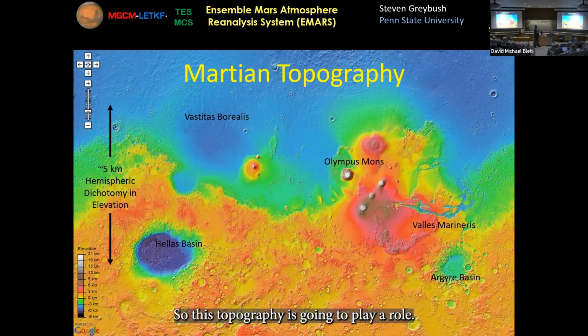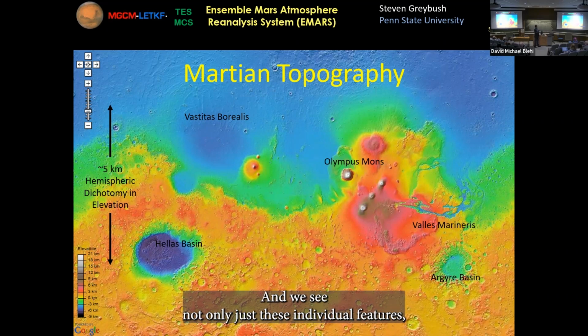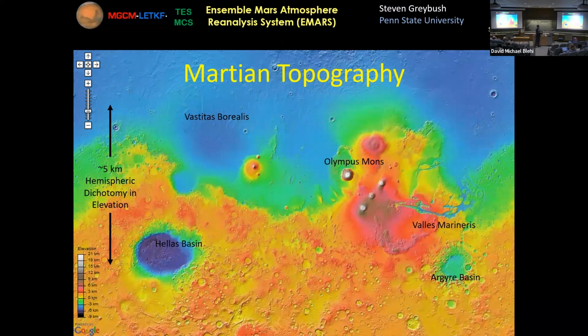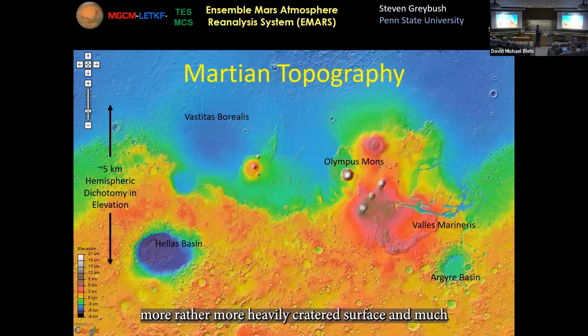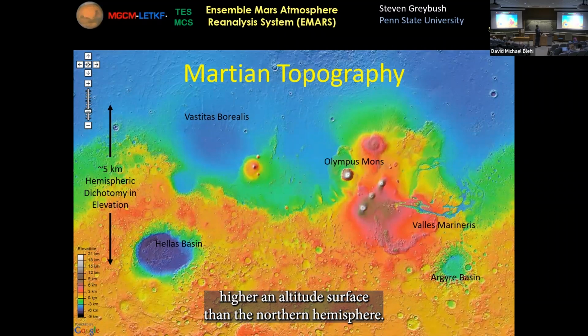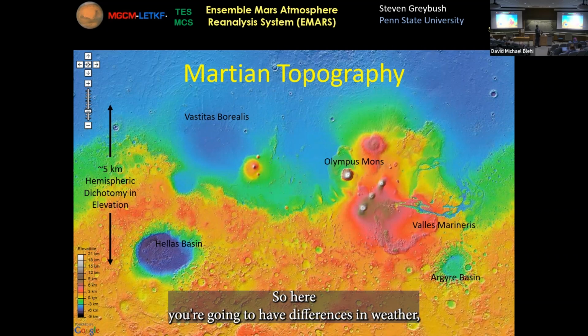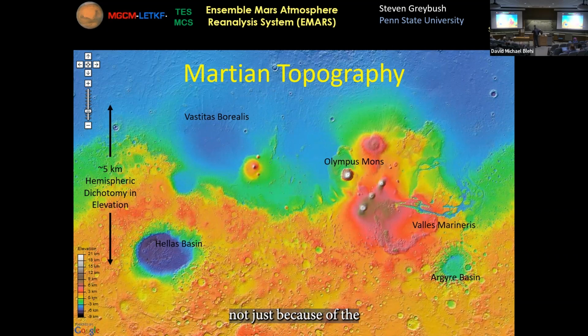So this topography is going to play a role, and we see not only these individual features, but that the southern hemisphere is a much older, more heavily cratered surface and much higher in altitude than the northern hemisphere. Okay? So here you're going to have differences in weather, not just because of the perihelion and aphelion, when it's closer or further from the sun, but also because of the topography differences between the 2 hemispheres.